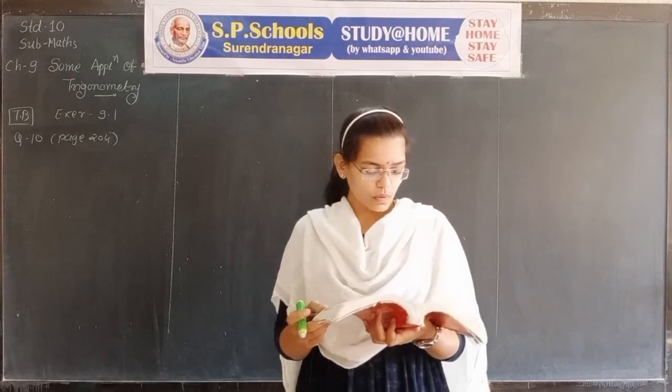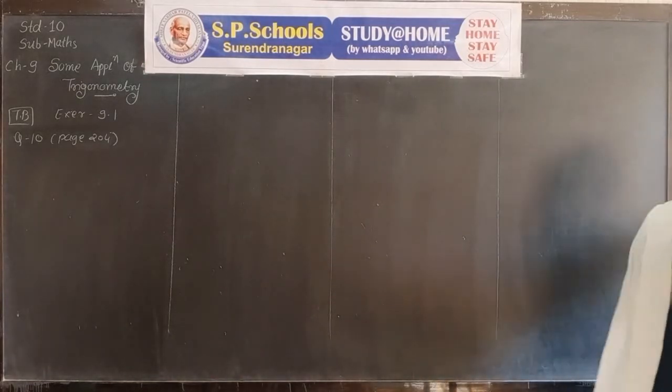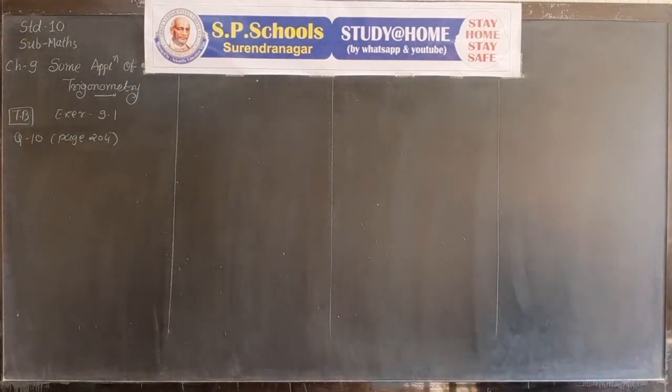Here the two poles of equal heights are standing opposite each other on either side of a road. So first of all we have to draw one road. Keep in mind, whenever you draw your figure, use scale and pencil.